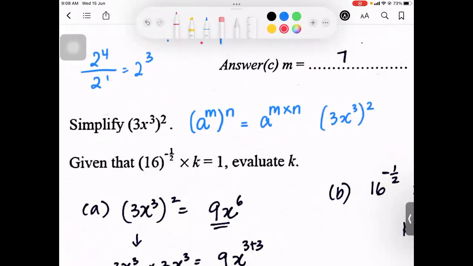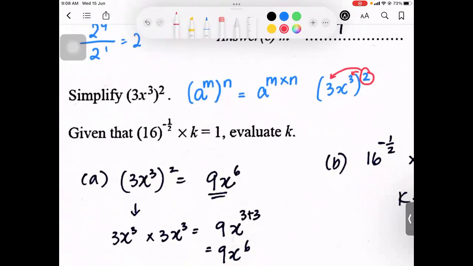This power 2 must apply to all the different terms. So it has to be 3 squared and then x to the power of 3. In this case, we apply this property 3 times 2. Then you get 3 squared, which is the number 9, and 3 times 2, which is x to the power 6.